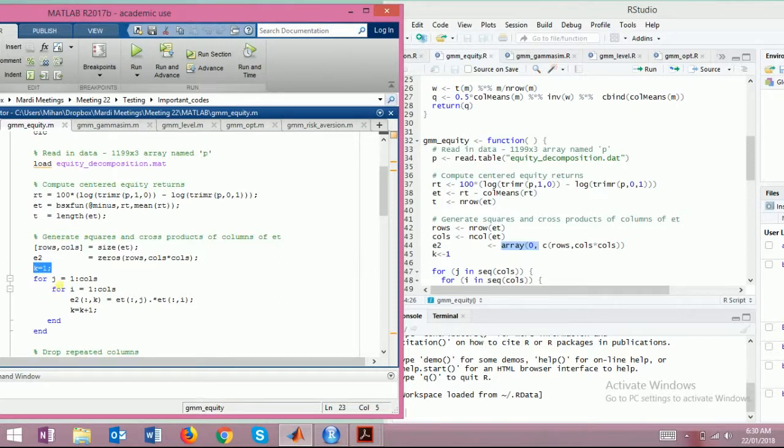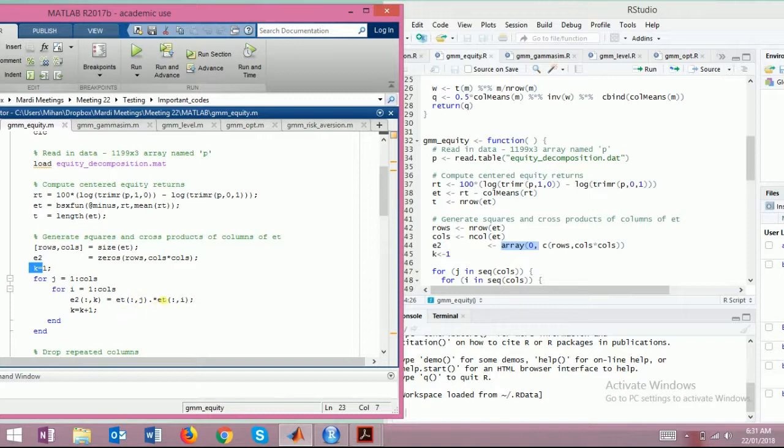So k equals 1, j equals 1 to number of columns, i equals 1 to number of columns. So by row and by column will have elements equal to the dimension of the number of columns, because in columns are stocked all our parameters. So E2 all rows up to number of k, one column. E2 is just one column.